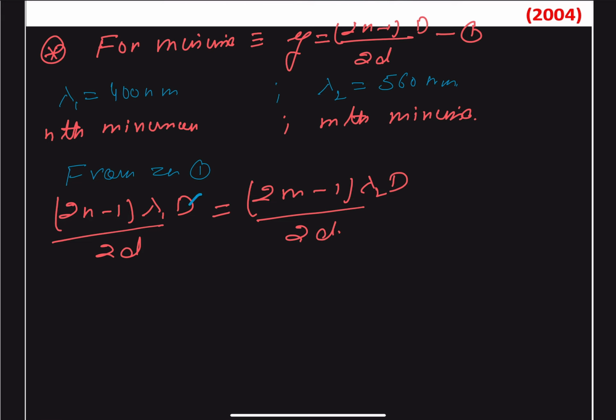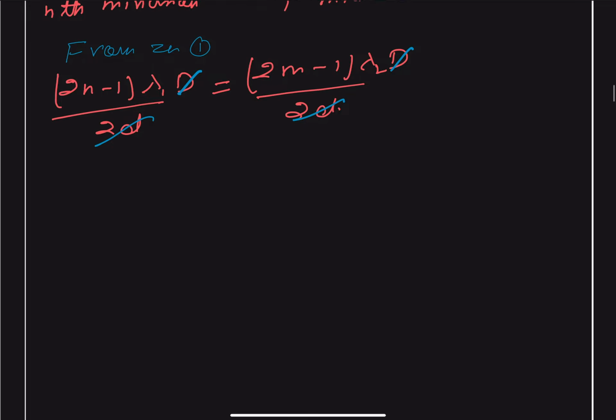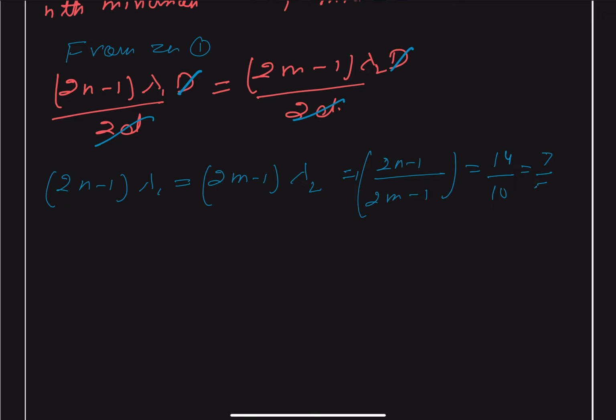Here the D upon 2d cancels out, and this gives us (2n minus 1) lambda 1 is equal to (2m minus 1) lambda 2. We find the ratio of (2n minus 1) and (2m minus 1), and this comes as 14 by 10, or we can also write it as 7 by 5.